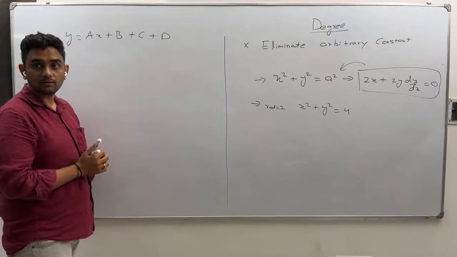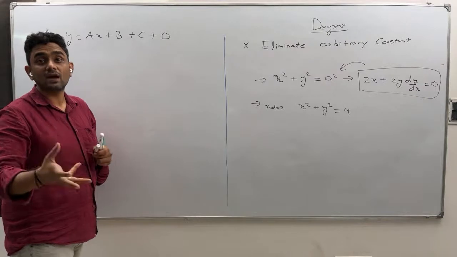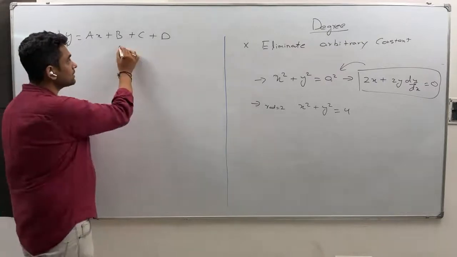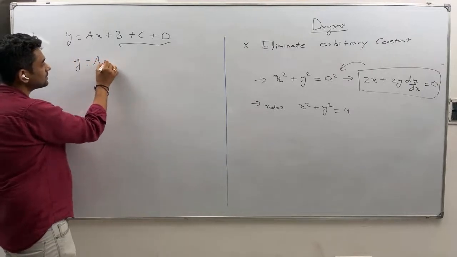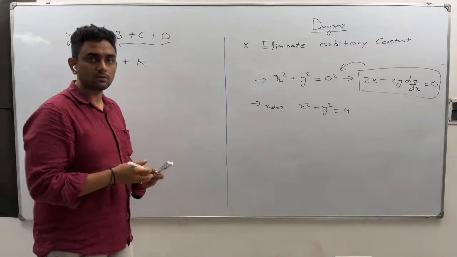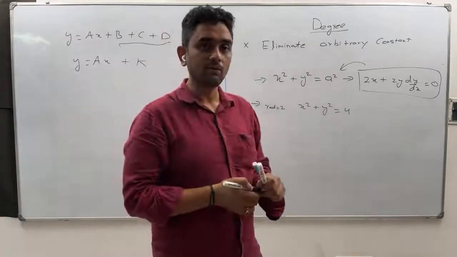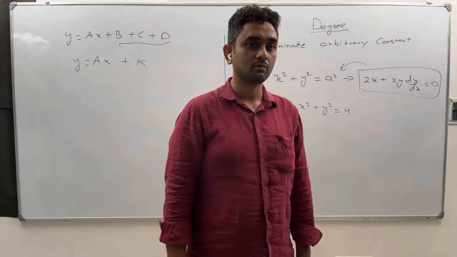What all are there? a, b, c, d. Yeah, but they are unnecessary. I have made extra. So what we'll do? I'll club these two, these three, and I'll write it as y equal to ax plus k. a is an arbitrary constant. Anything which is not a variable, which is a constant, but you do not know the value, is an arbitrary constant.